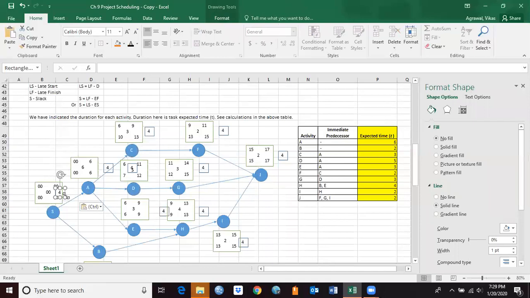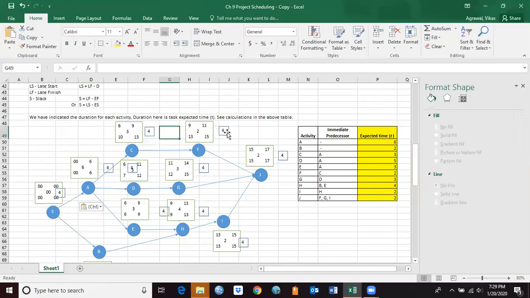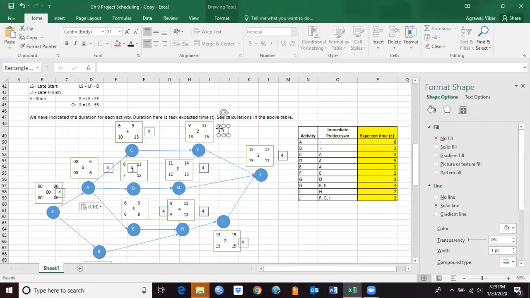Okay, so let's do one at a time. So here 15 minus 11 is again 4. 17 minus 17 is 0. That's my slack here.